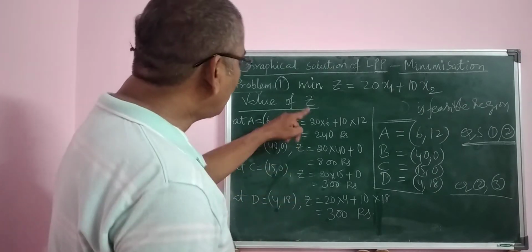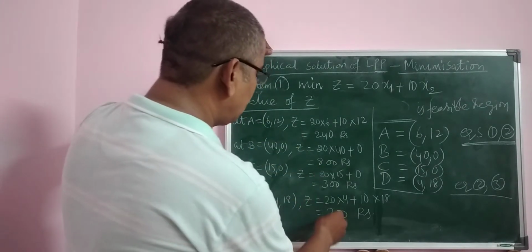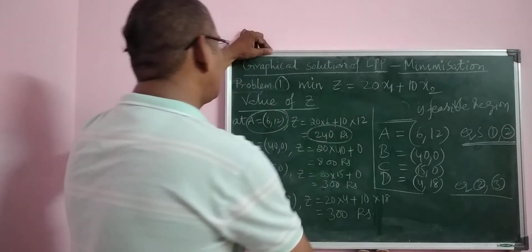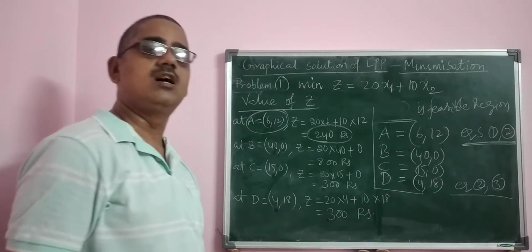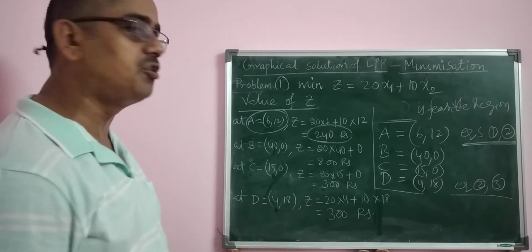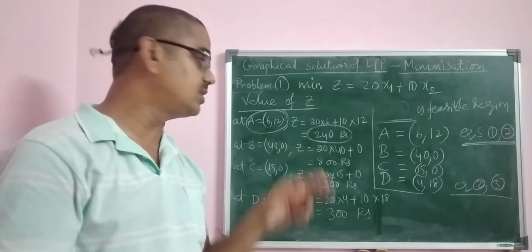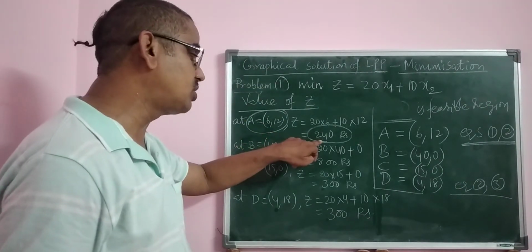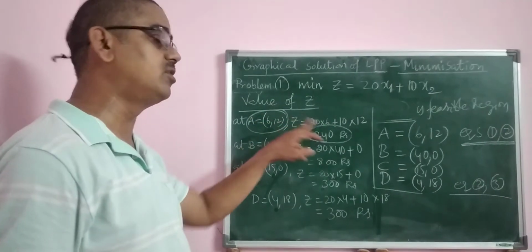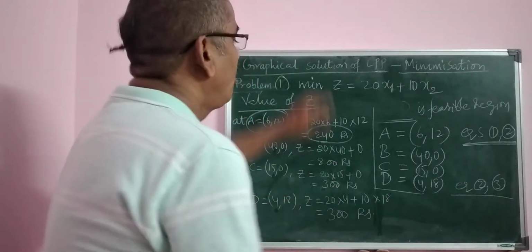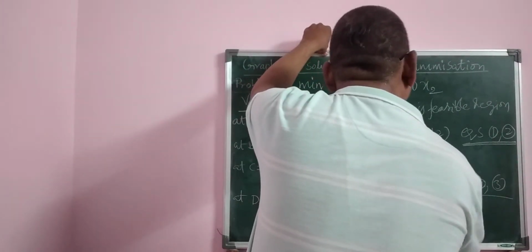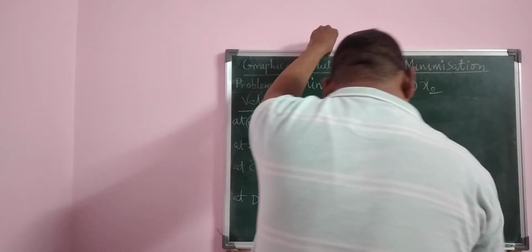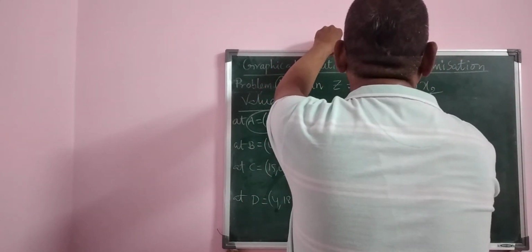Among these, the minimum value is 240. So at A, (6, 12), that is x1 is equal to 6 and x2 is equal to 12, this is a basic feasible solution, and it optimizes, therefore it is the optimum basic feasible solution. So I am writing the final solution. What is the optimum basic feasible solution?